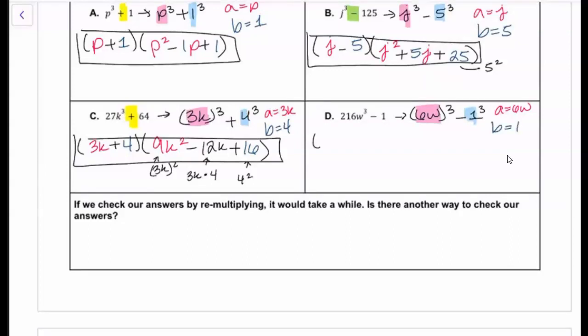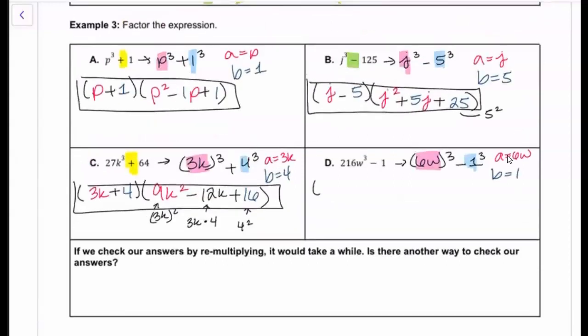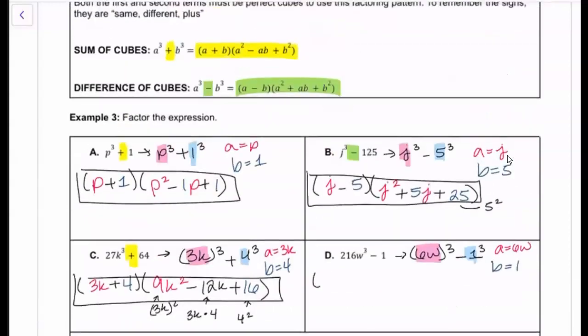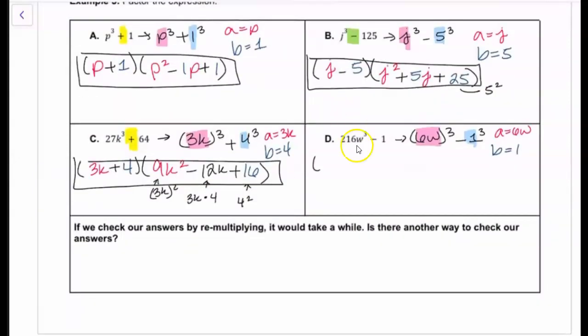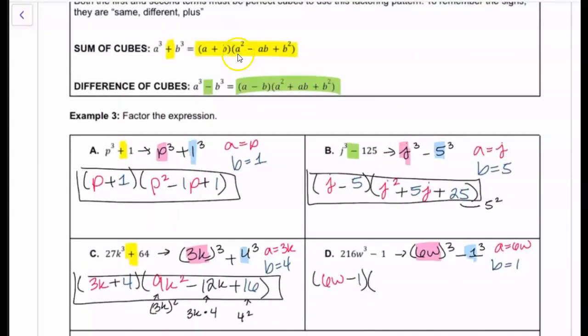So it is A minus B, and you'll kind of get used to it once you've done them enough. If it's a sum of cubes, your first parentheses will be A plus B. If it's a difference of cubes, your first parentheses will be A minus B. And since we have a difference of cubes, we're going to have A minus B. So my A value is 6w minus my B value, which is 1. And then I'm going to do A squared, because both equations start with A squared.